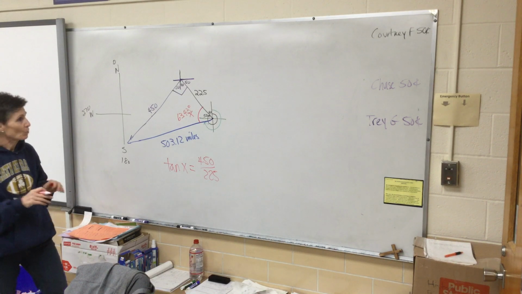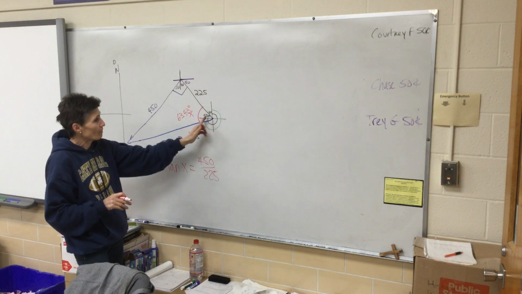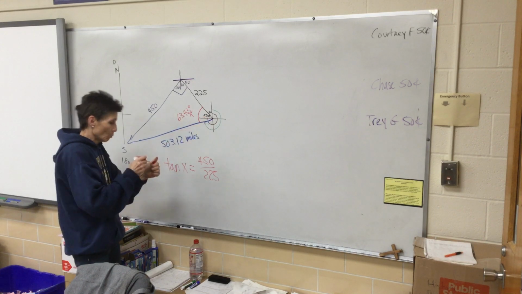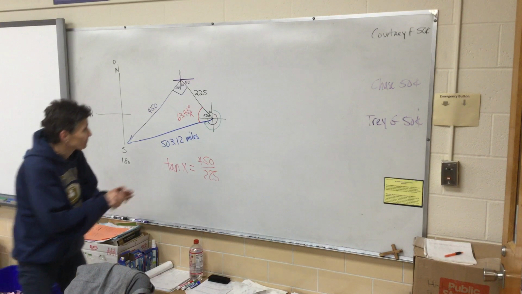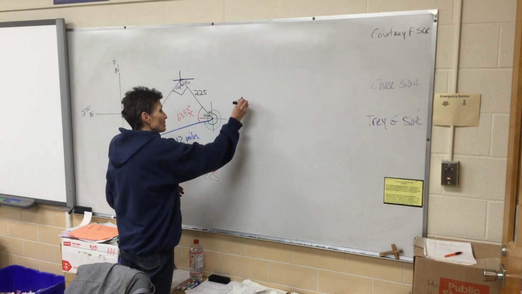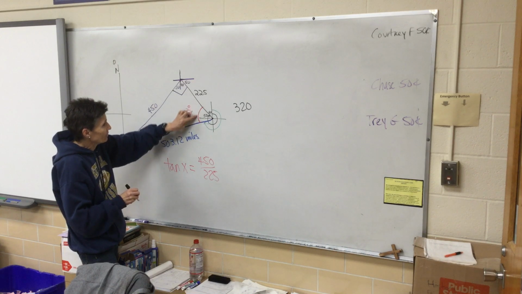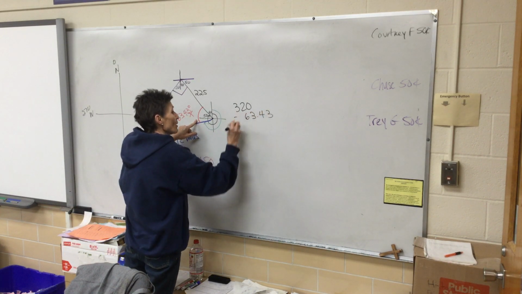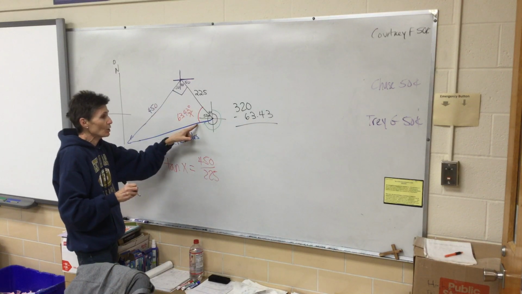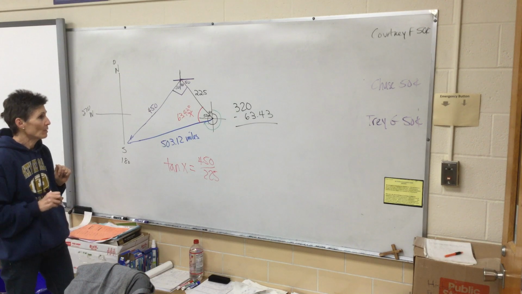You can do this a couple different ways. Remember, this original angle, the black angle, was 320, right? So the black angle is 320. The red angle is 63.43. So if I subtract those, will that give me the green one? Yes, it will.